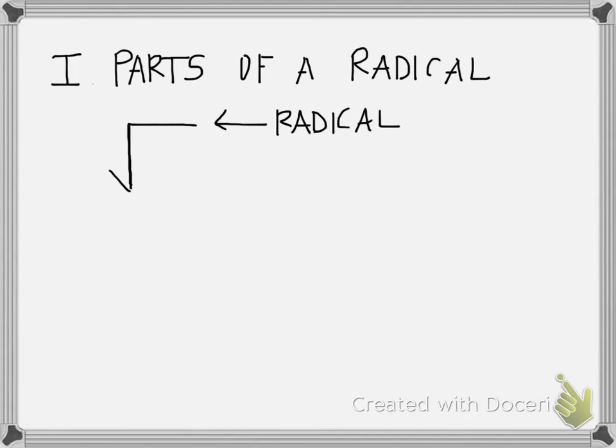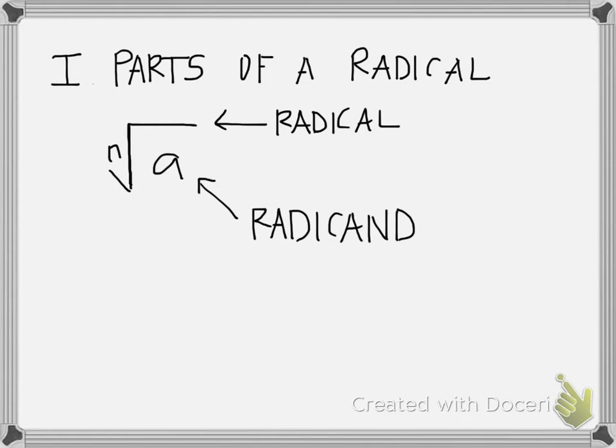You're going to have a number underneath the radical, which is called a radicand. And then the number on the outside right here, this little small number, is called your index.